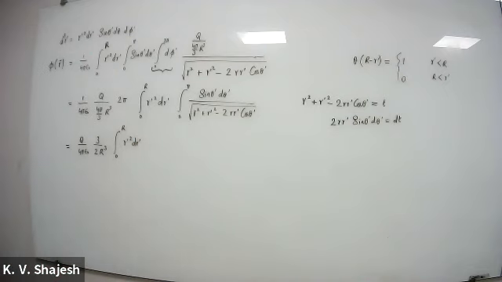So this is r squared plus r prime squared minus 2 r r prime, which is equal to (r plus or minus r prime) squared. When theta prime is equal to 0, it is a minus, and when theta prime is equal to pi, it's a plus.